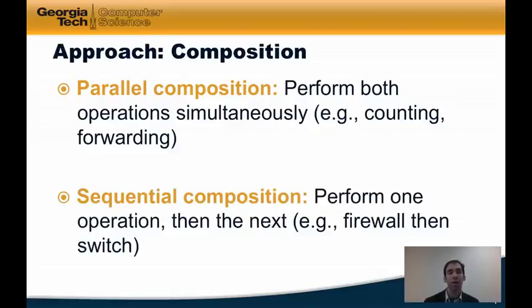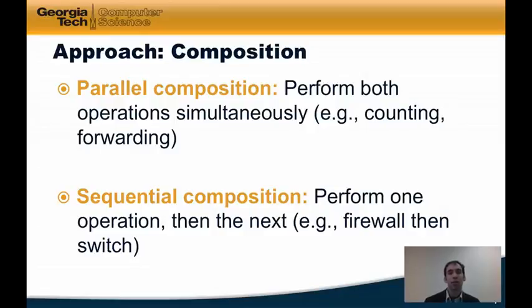The second type of composition is called sequential composition. In this case, we perform one operation and then the next. For example, the network operator might want to first apply firewalling rules to the set of traffic before sending the traffic through a learning switch.